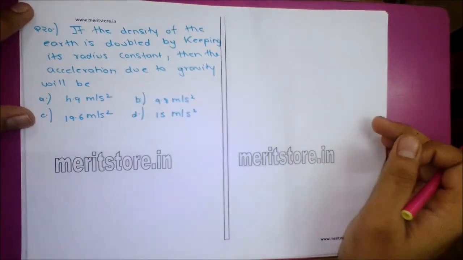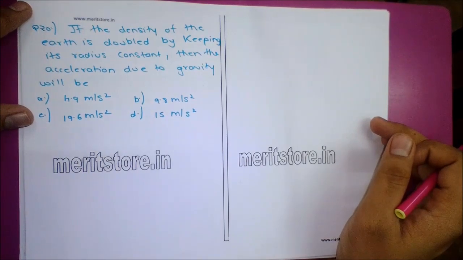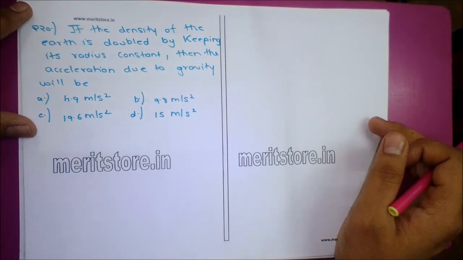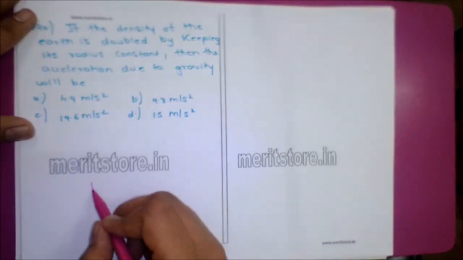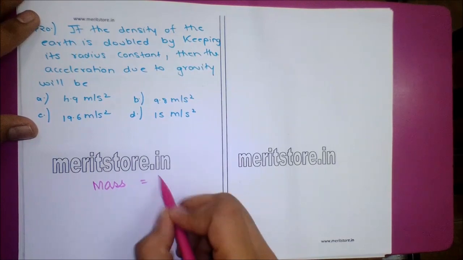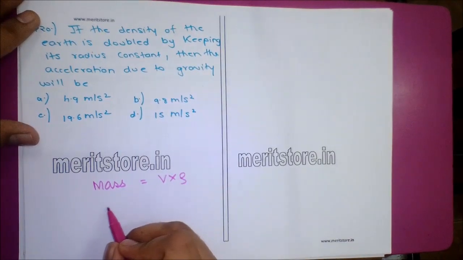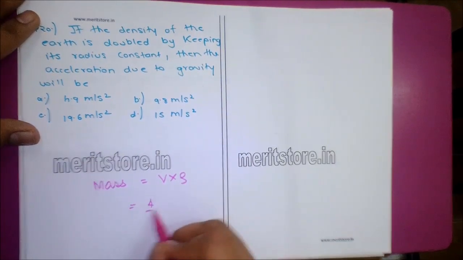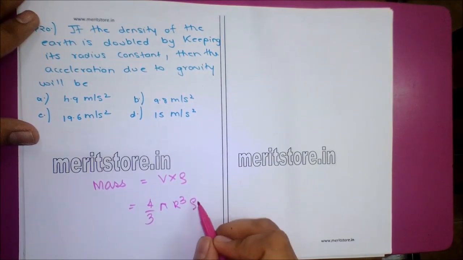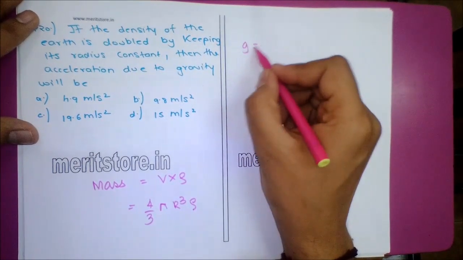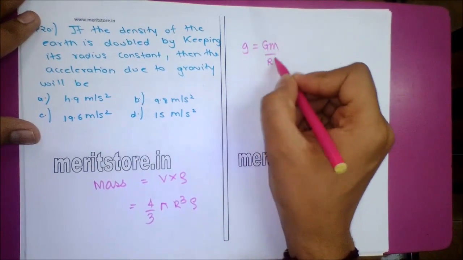Number 20. If the density of the earth is doubled by keeping its radius constant, then the acceleration due to gravity will be. Now to solve this question, we know mass of the earth is volume into density, which is 4 upon 3 pi r cube into rho, that is density. So g is equal to GM upon r square.